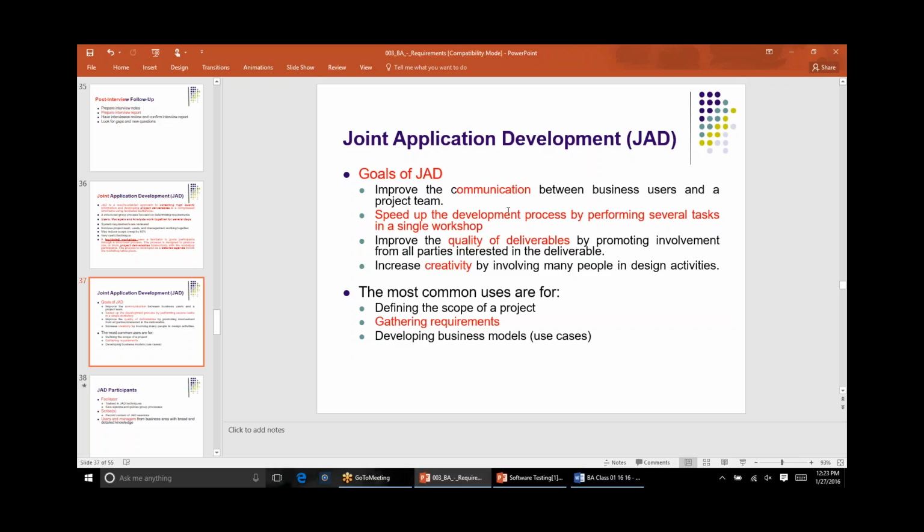And because we are working together in the same room, getting requirements, documenting, validating, designing, it makes processes speed up.